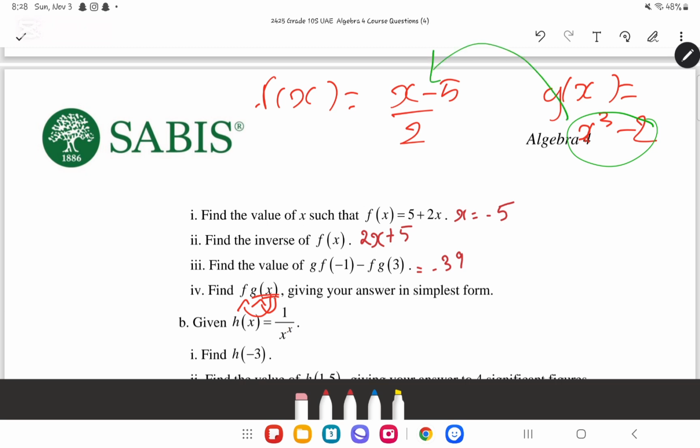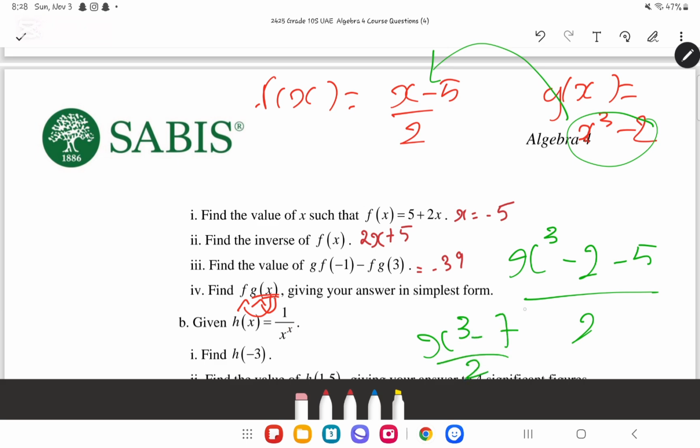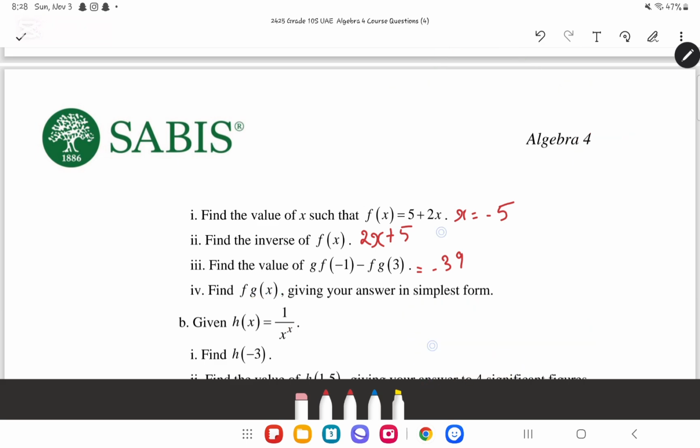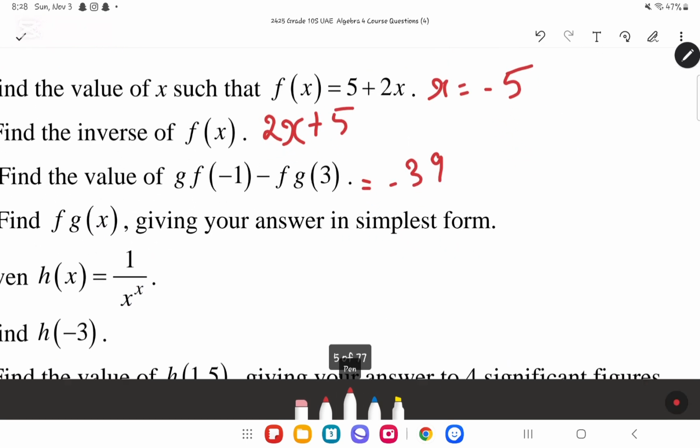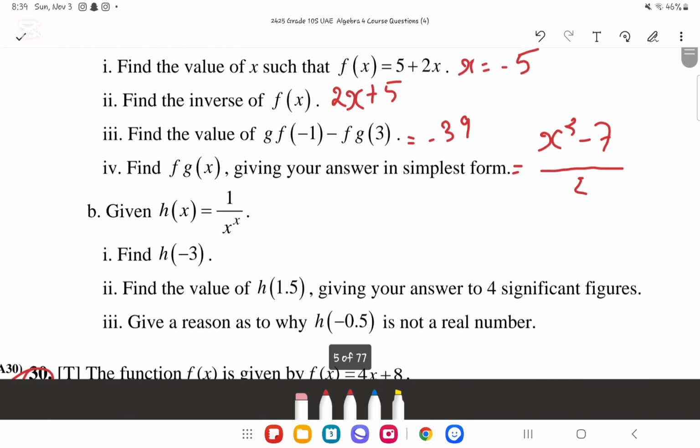So then it becomes (x to the power of 3 minus 2 minus 5) over 2. So then (x to the power of 3 minus 7) over 2. This is our answer. So over here, the answer is equal to (x to the power of 3 minus 7) over 2. So now we move on to part B.